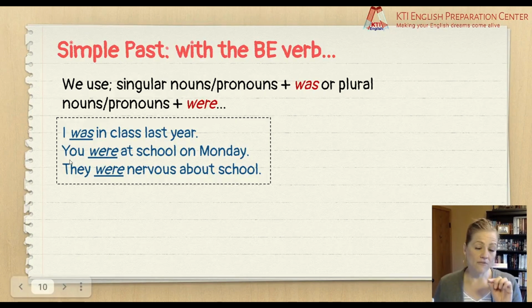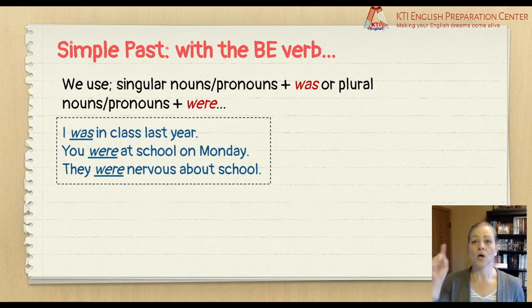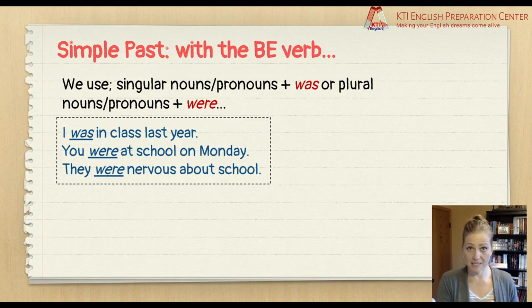Now, if you remember talking about our pronouns, you sometimes refers to one person, singular. I could be talking to one person when I say that sentence, but I could be talking to a group. You were at school on Monday.